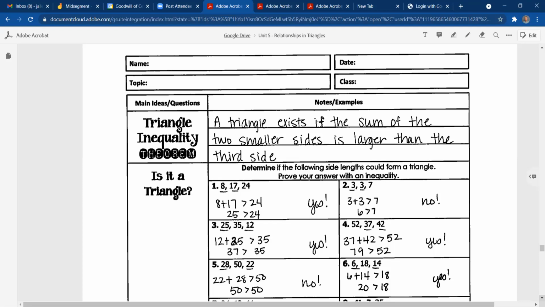And it's not that the third side is equal to the sum of the other two. It has to be larger than the third side. So now we're into greater than. We're not talking about an equation anymore. We're talking about an inequality. So the two short sides, you add them together, and the number has to be bigger than the length of the third side.